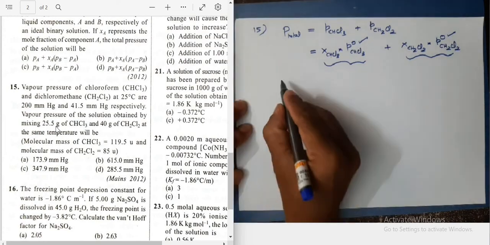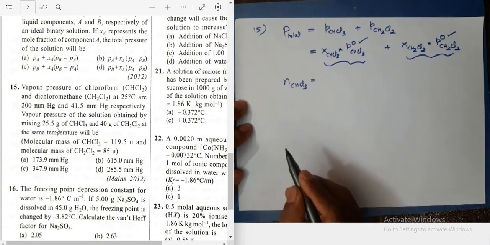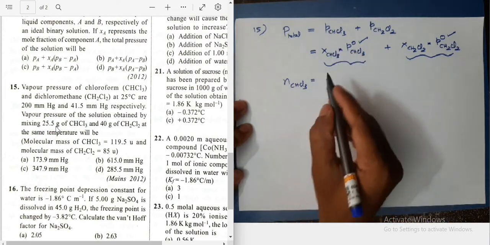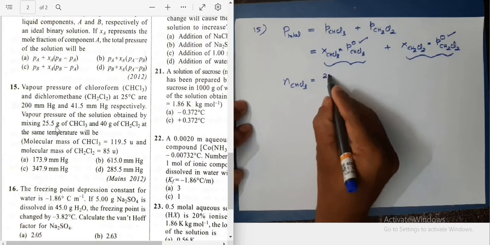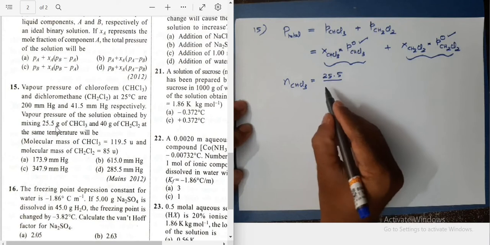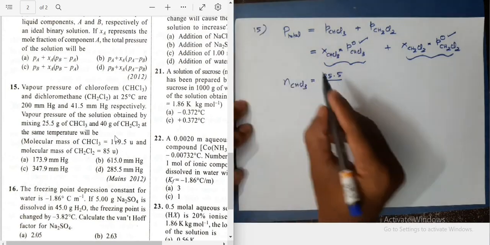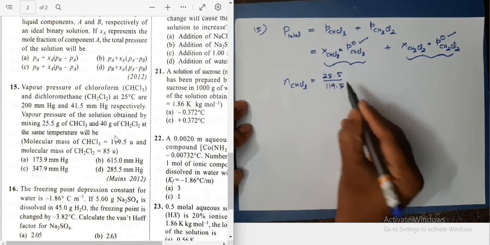Number of moles of chloroform is equal to mass by molar mass, right? So what's the mass of chloroform? 25.5 by the molar mass of chloroform. It is given: the molecular mass of chloroform is 119.5.